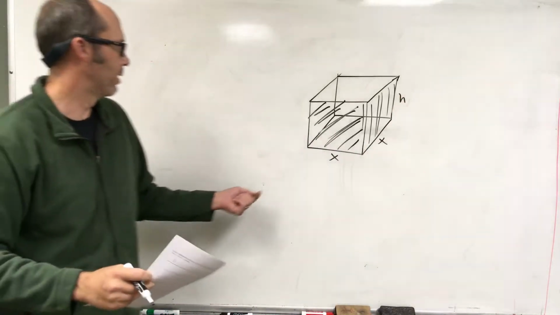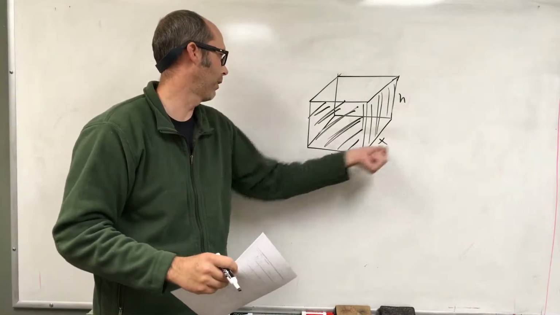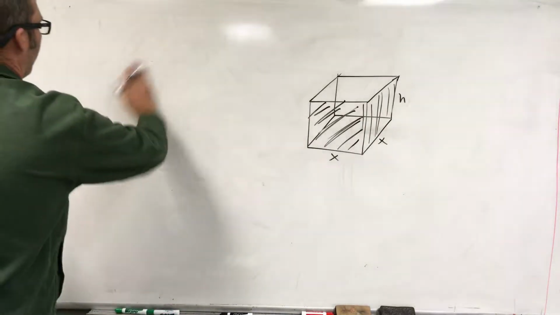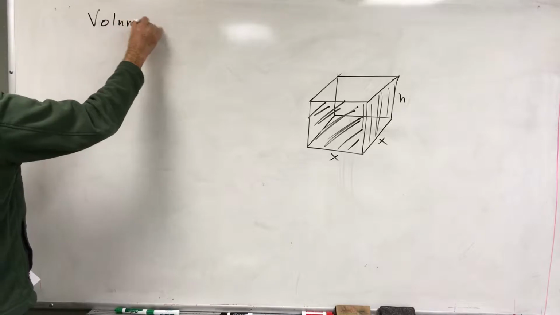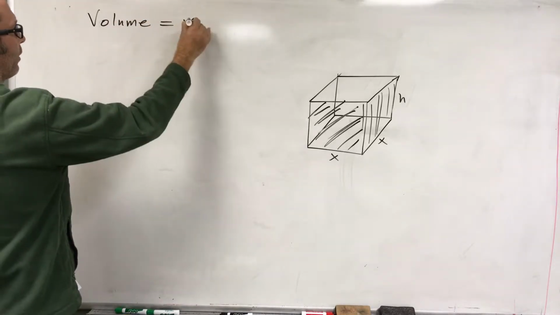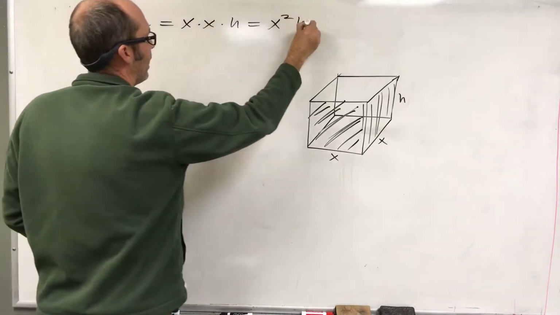It's a square base, so the length and the width of the base we can call x, and the height we'll call h. First off, the volume of the box is length times width times height, so x times x times h, which is x squared h.